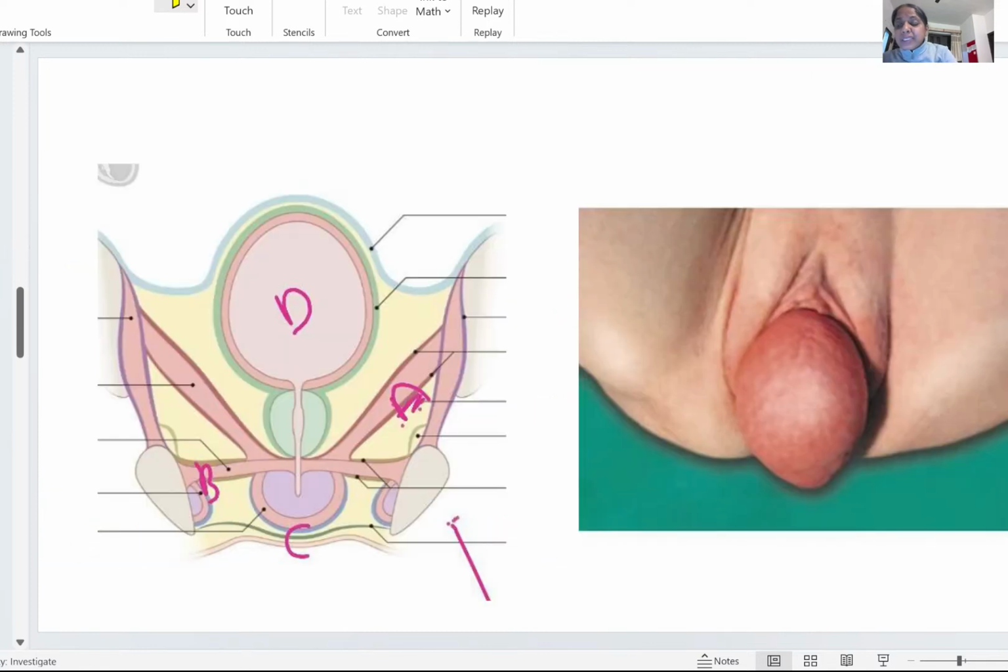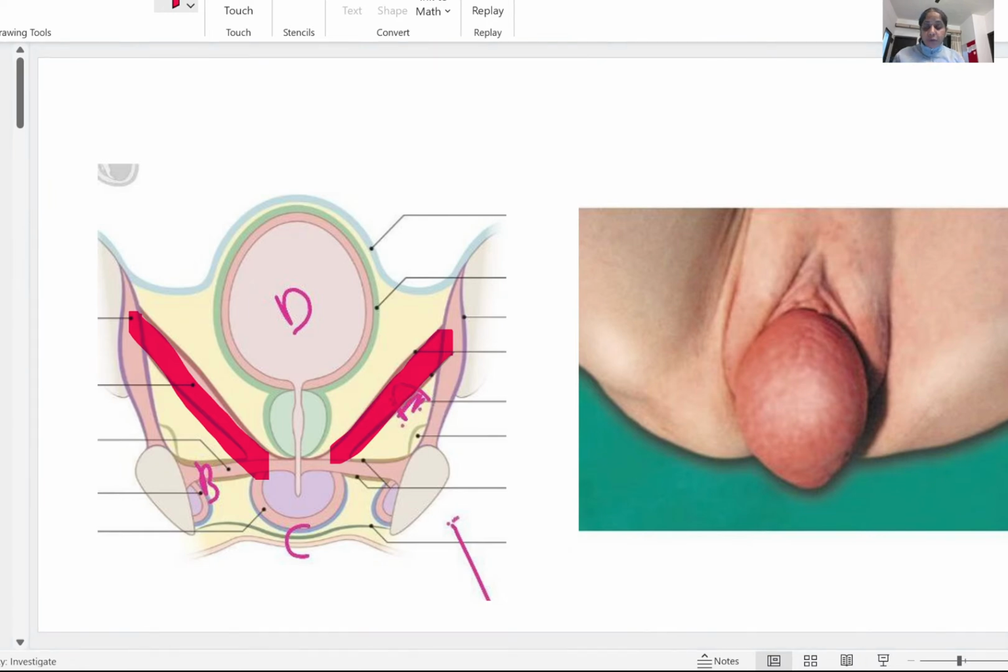As you can see in this diagram, this muscle is the levator ani. All of you please focus on the camera. See, if this is the uterus, then the levator ani is holding the uterus like this.